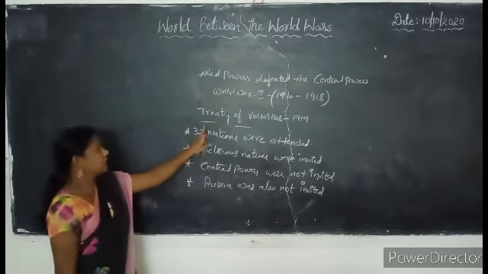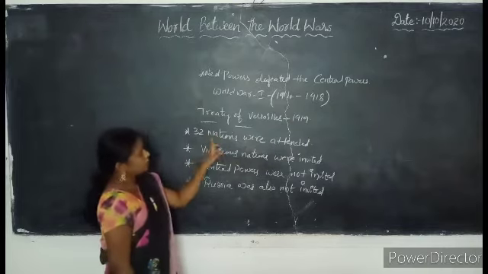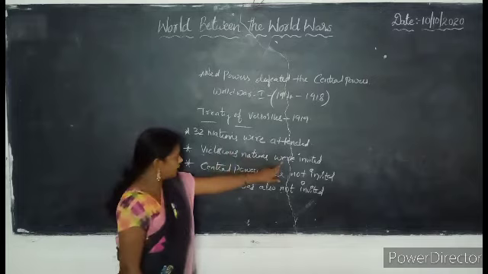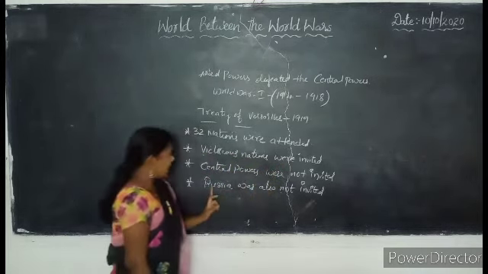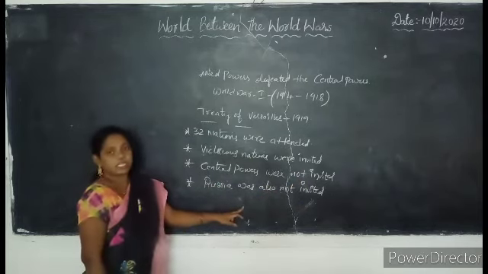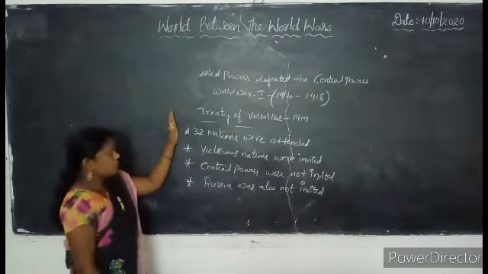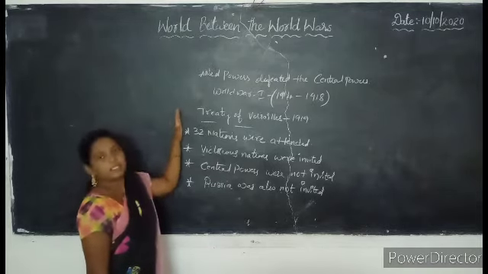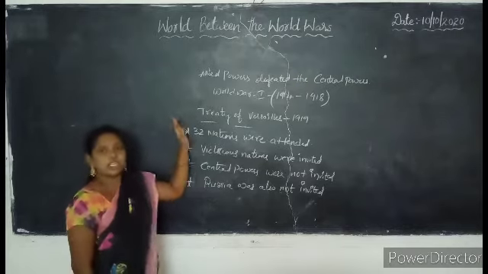So remember, the Treaty of Versailles was started in the year 1919. The 32 nations were invited and they attended. Victorious nations were invited, but the defeated Central powers were not invited, and Russia was also not invited because it had withdrawn from the World War. So why did they start the Treaty of Versailles? They wanted to punish Germany and impose harsh terms and conditions on Germany.